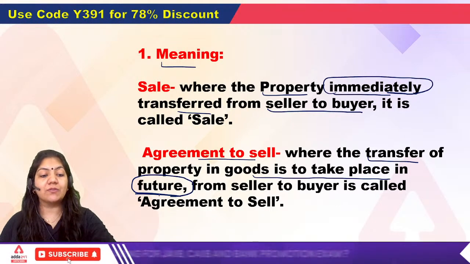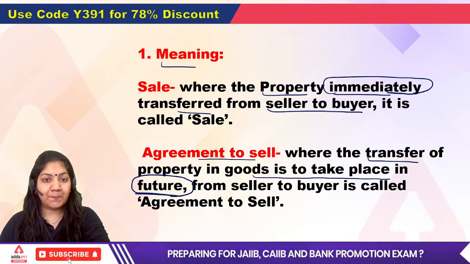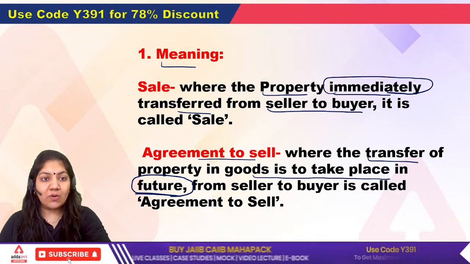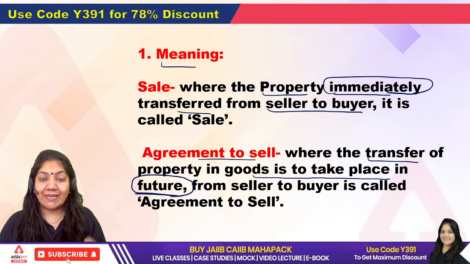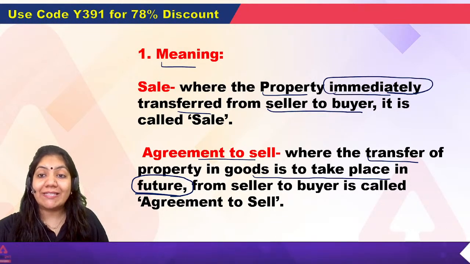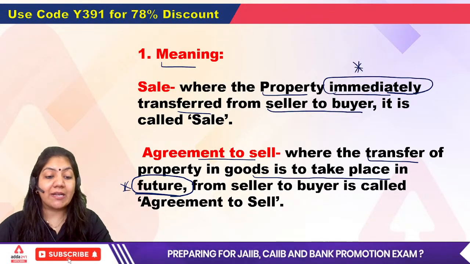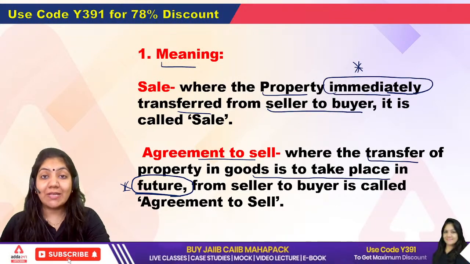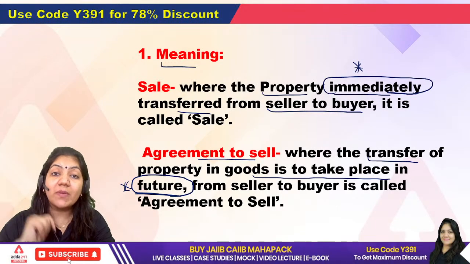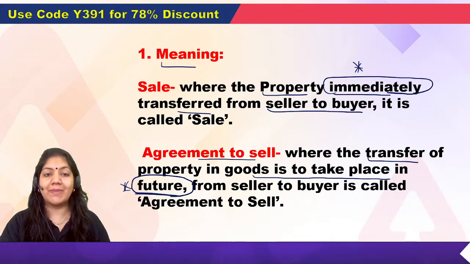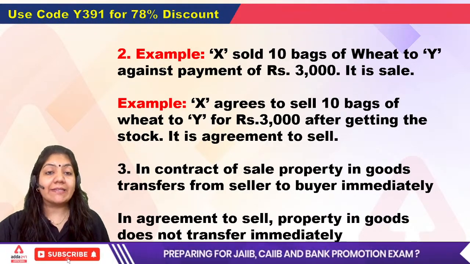Future is the keyword in the agreement. Is that clear? So for sale, you have to remember the immediate transfer, and for agreement to sale, a future transfer of the goods. And what kind of goods? Movable goods. Okay, now next one.